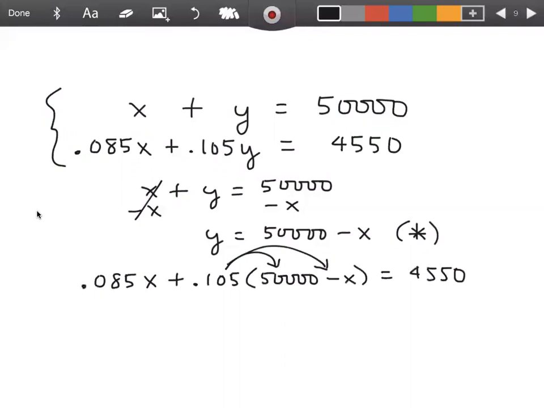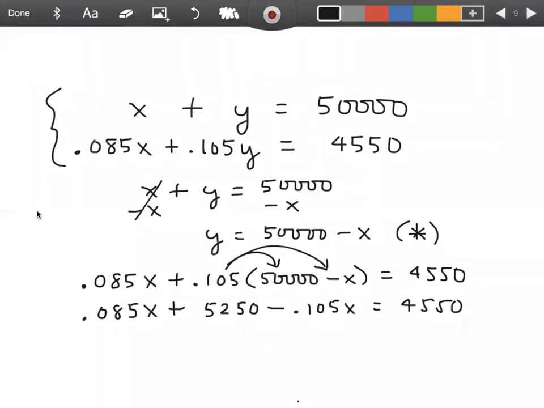Just grabbing my calculator here. Okay, so we're going to have 0.085X plus 0.105 times 50,000 is 5,250, minus 0.105X equals 4,550.